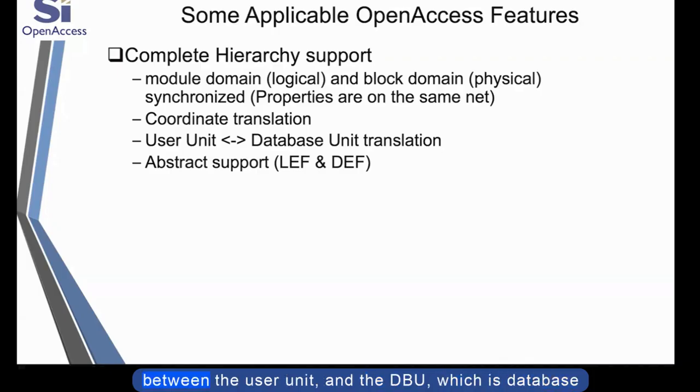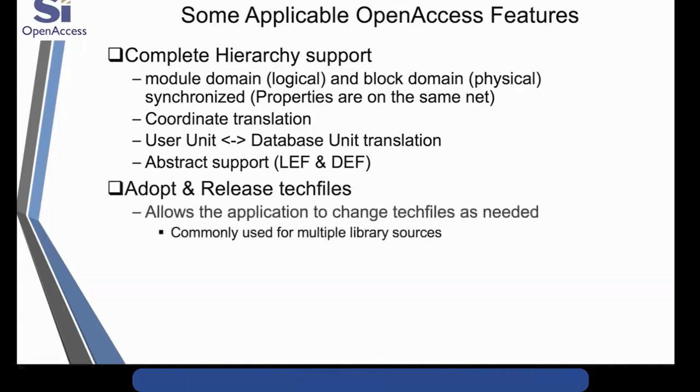The transform between the user unit and the DBU, which is the database unit, is also very important, because different technologies have different scales, and that is the key part to reflect the data into real-world scale. Abstract support, including LEF and DEF, is also supported, and we can adopt and release tech files, which allows the application to change tech files as needed.